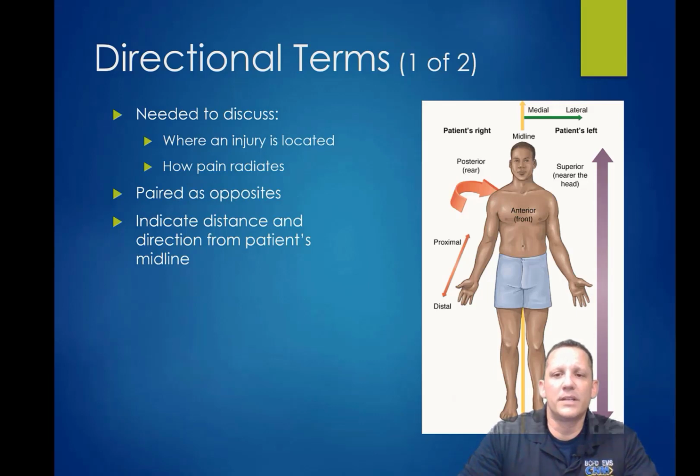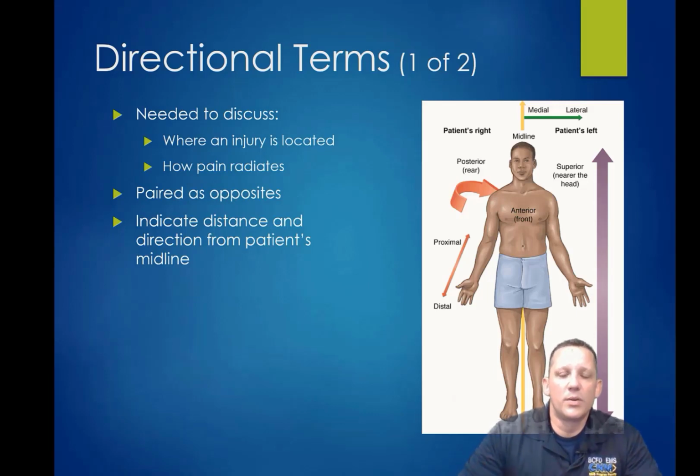We're always looking for something to go superior, inferior, and then proximal versus distal. Proximal is closer to the trunk or where the origin of that particular limb starts, right? So the upper arm is going to be proximal to the forearm or the distal arm right at the wrist.